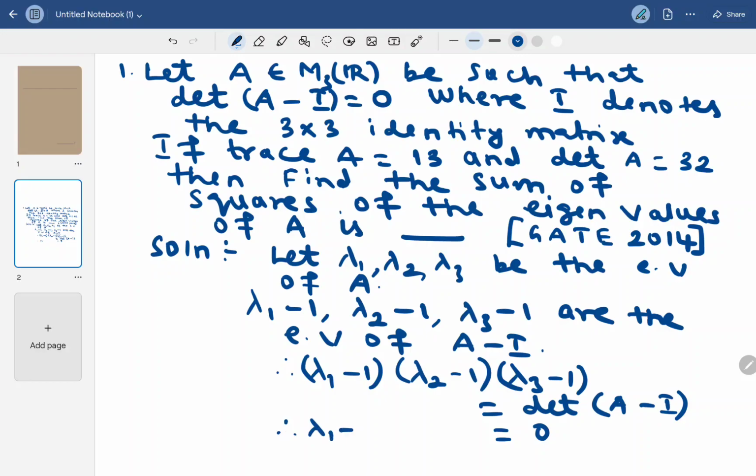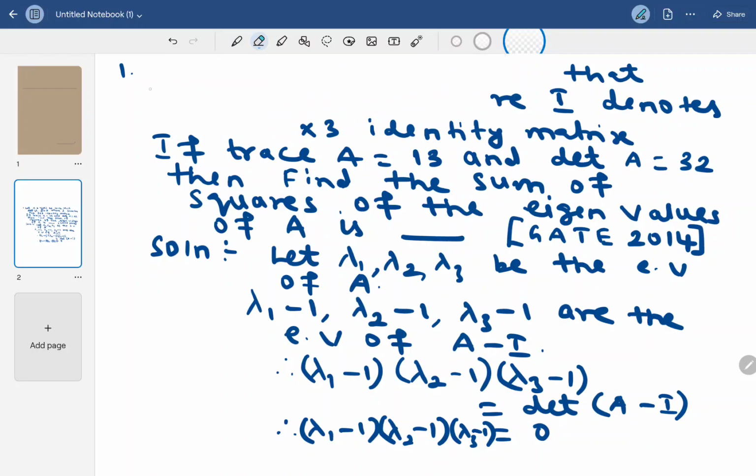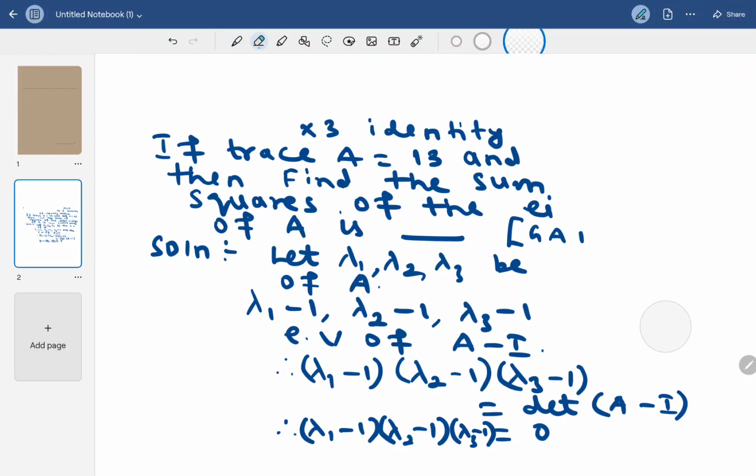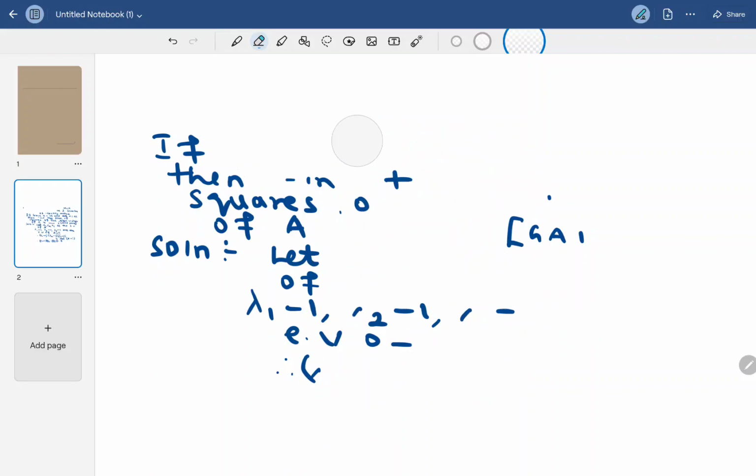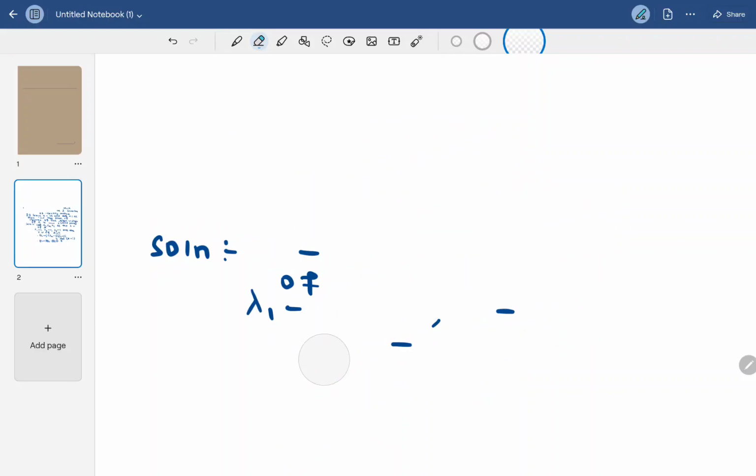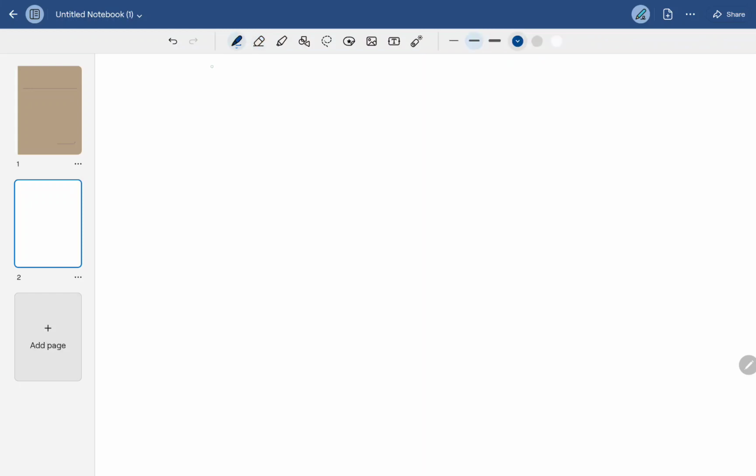Therefore, the product of lambda 1 minus 1, lambda 2 minus 1, lambda 3 minus 1 equals 0. If I choose lambda 1 minus 1 equal to 0, lambda 1 equals 1.